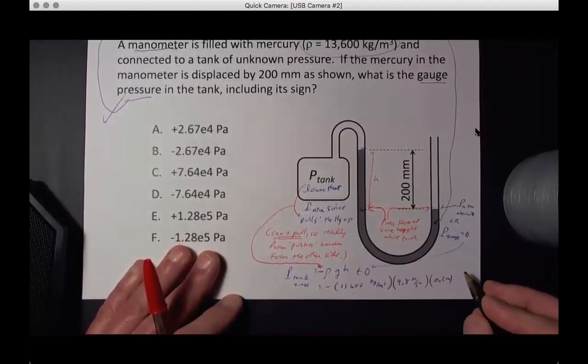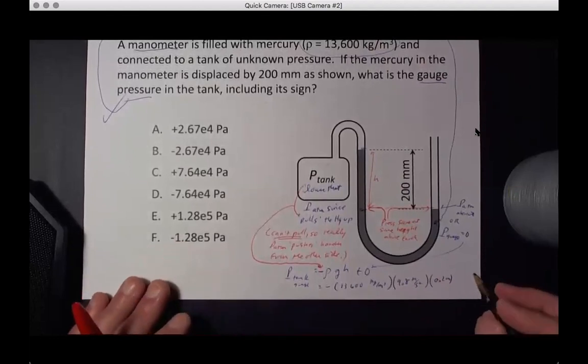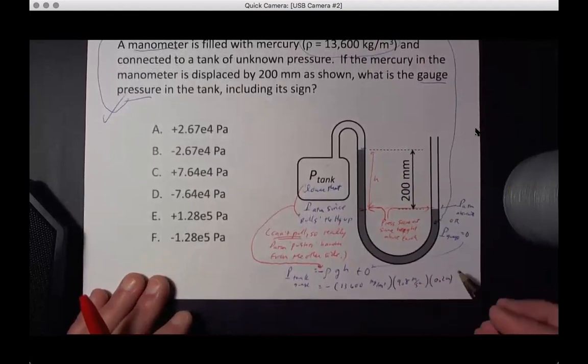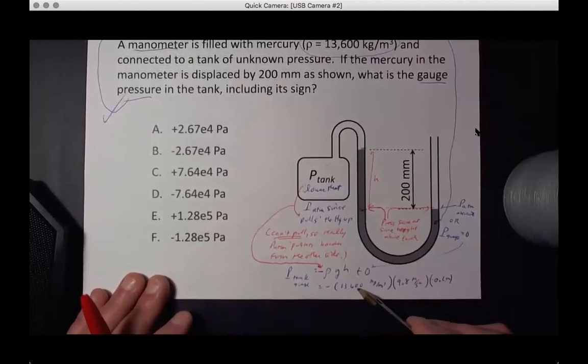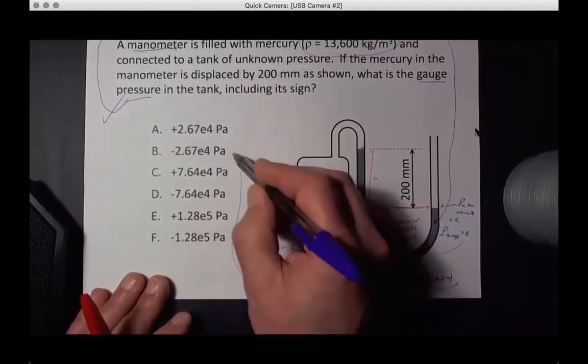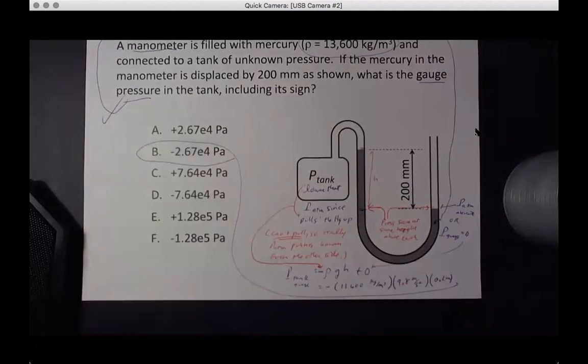And if you multiply these all out, you end up with something in pascals, right? This is about 10 times about 2, so it's around 26,000, and that's around 2.67 by 10 to the 4. And so this goes to this one, and you check your answer.